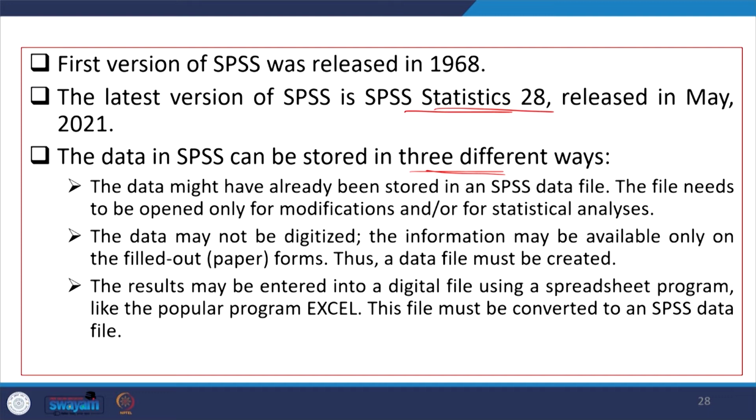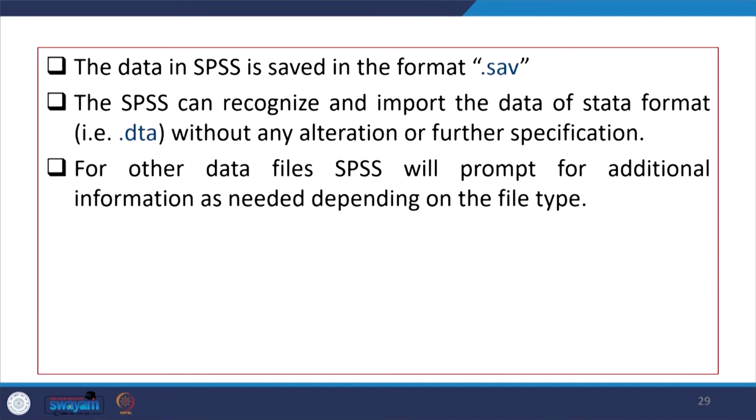Thus, a data file must be created. The third one is that the results may be entered into a digital file using a spreadsheet program like the popular program called Excel. The file must be converted to SPSS. Okay. So, in three ways we can use the SPSS data.